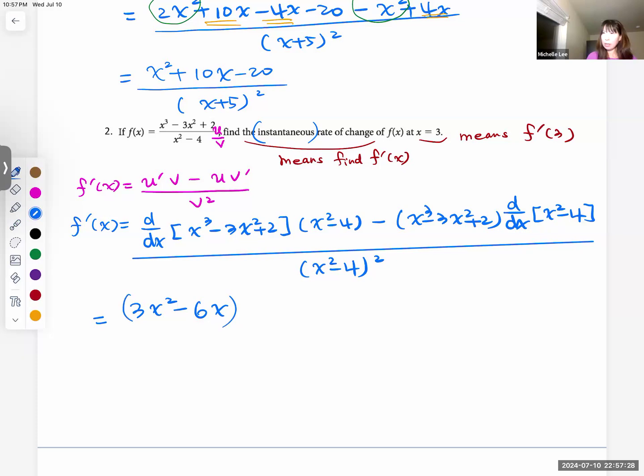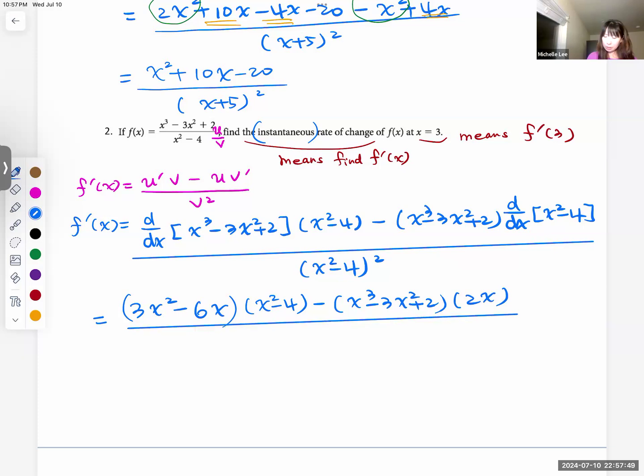Okay, now the second one, just rewrite. Now we want the derivative of this one. The first term is 2x, and the second term is 0. So 2x over x squared minus 4 squared.